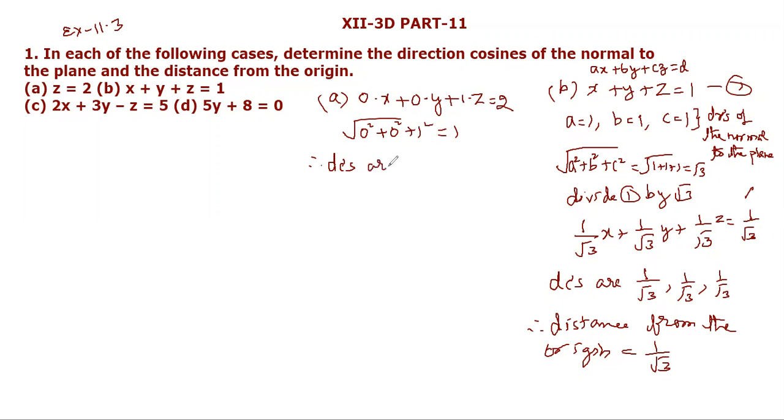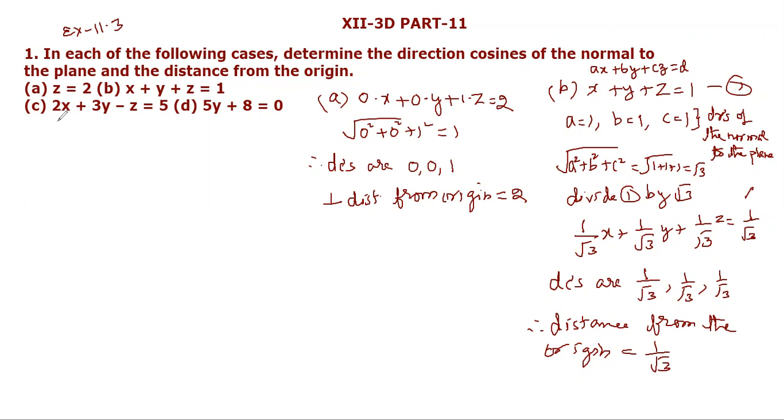So DCs are here 0, 0, 1, and also they are normals. And the perpendicular distance from origin is equal to 2.